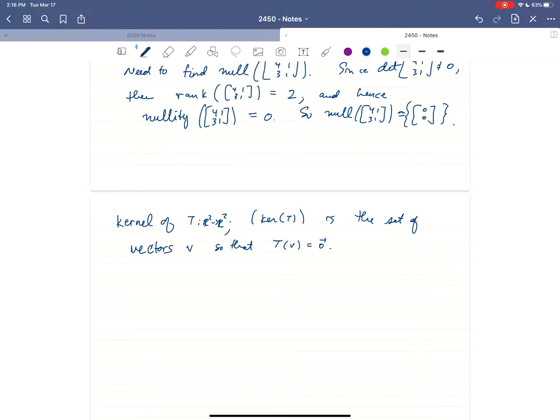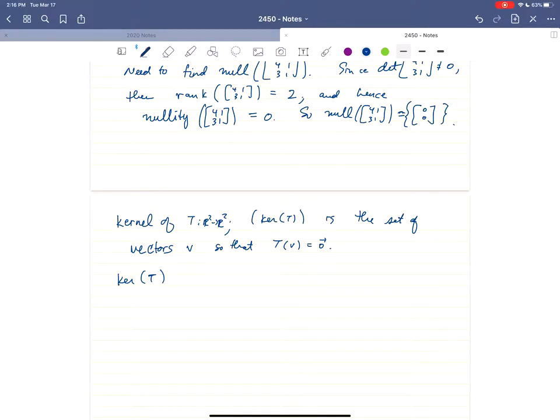Okay, and this happens to be the case that the kernel of T for these particular transformations, this is not true in general, just as a fair warning here, this is only true for transformations from Rn to Rm, right?